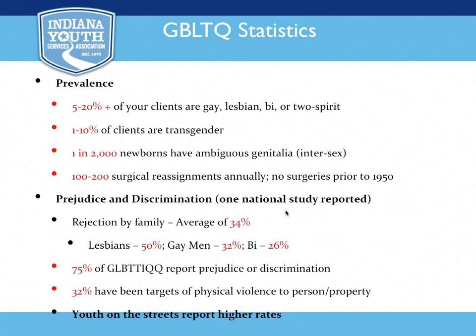So understanding that. That being said, 75% of youth who are presenting as GLBTQ, intersex, questioning, all those things, report some type of discrimination or prejudice. 75%. That's a huge number. And 32% have been targets of physical violence, either to themselves or to their own personal property.